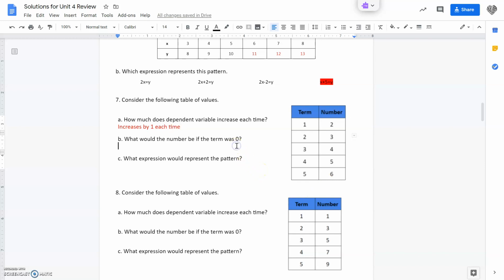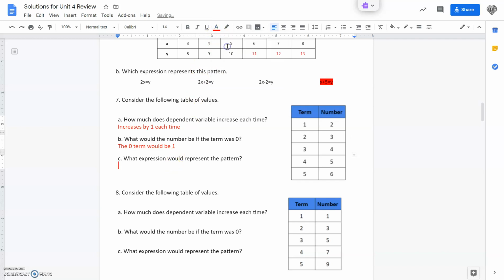What would the 0 term be? If it's increasing by 1 each time, and the first term is 2, then for the 0 term we would just have to go back 1, or subtract 1. So the 0 term would be 2 take away 1, which is 1. So what would the expression be?